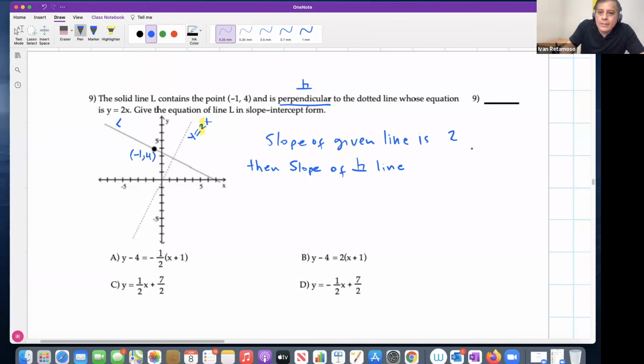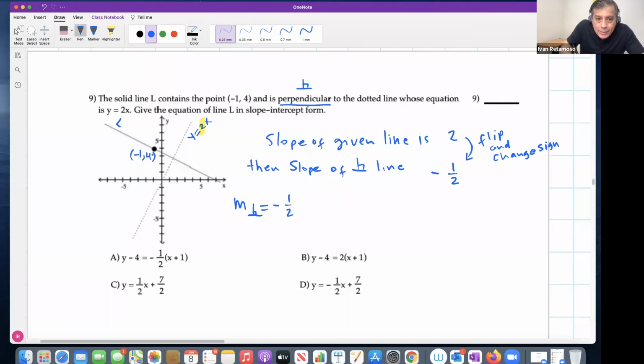Well, we do two things to this: flip and change sign. Flipping, we get 1/2. Changing the sign, minus 1/2. So believe it or not, guys, the slope of your perpendicular line should be equal to minus 1/2.